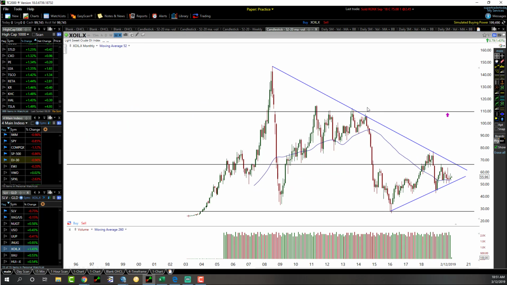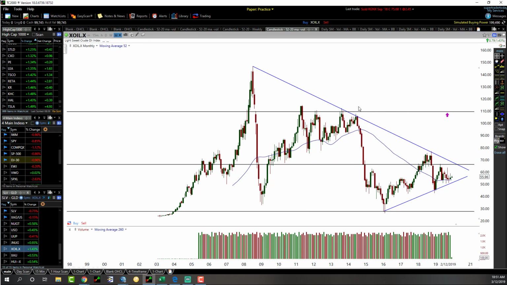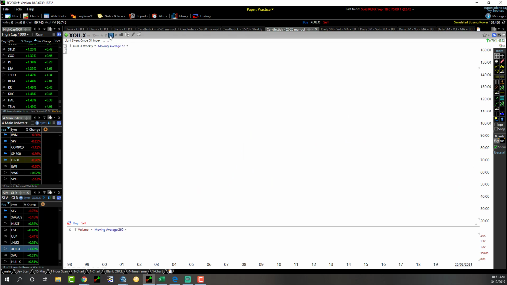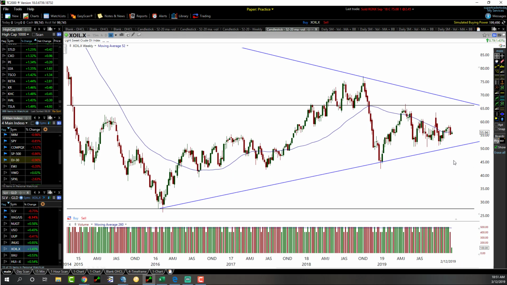You can see it even on the monthly chart. This is the monthly chart we're looking at. You can see how it's had this very big triangle pattern. So oil is not much going on. We need to see a break. Wherever it breaks, if we break down, we're probably likely to have a nice move down, especially after all this sideways movement. So that's what I'm seeing through there.